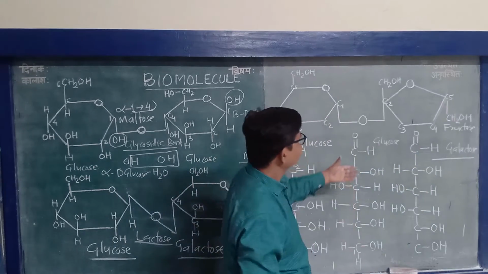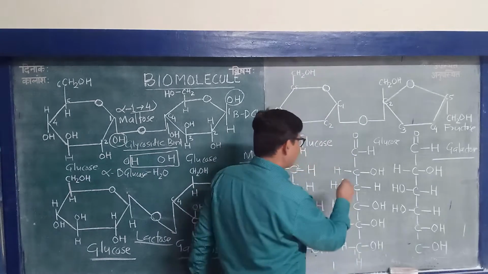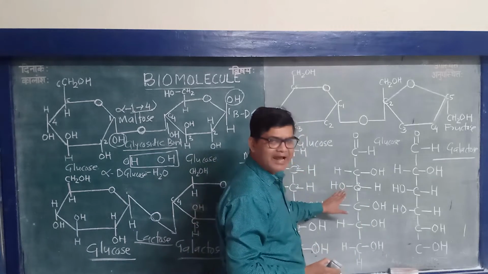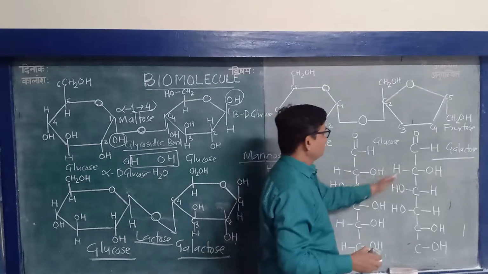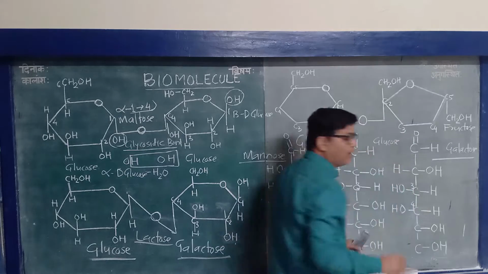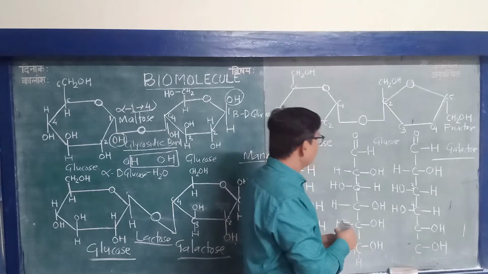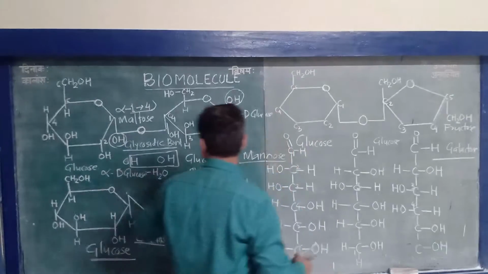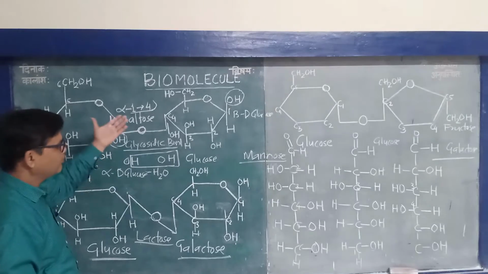I am concerned with the chemical structure of glucose and galactose. If you see at carbon number 3, the hydroxy group is present on the left side in the open chain. In the same way, in case of galactose, at carbon numbers 3 and 4, the hydroxy group is present on the left side. So if the hydroxy group is present on the left side, then in the ring structure it will be above the plane.